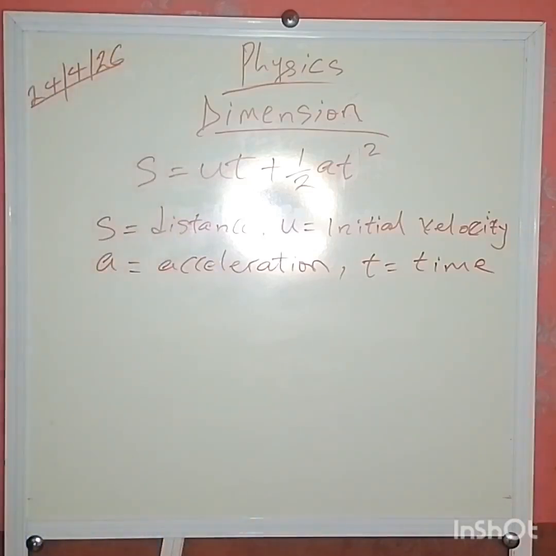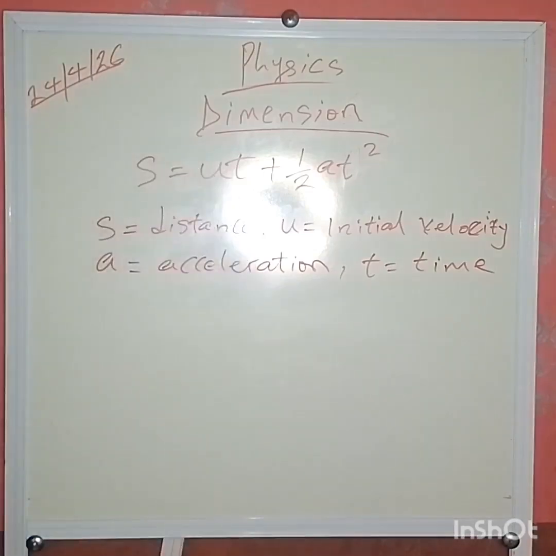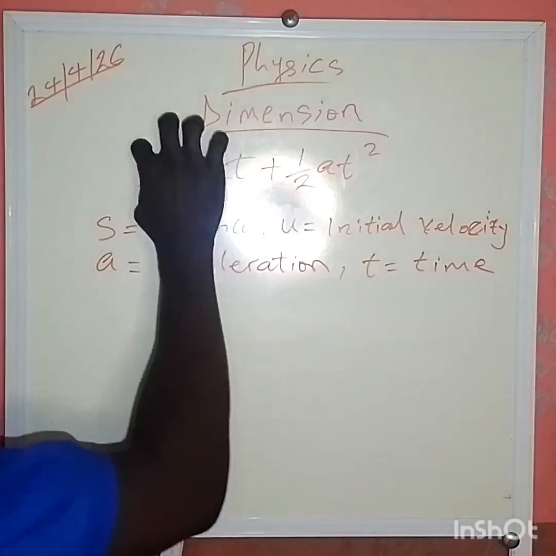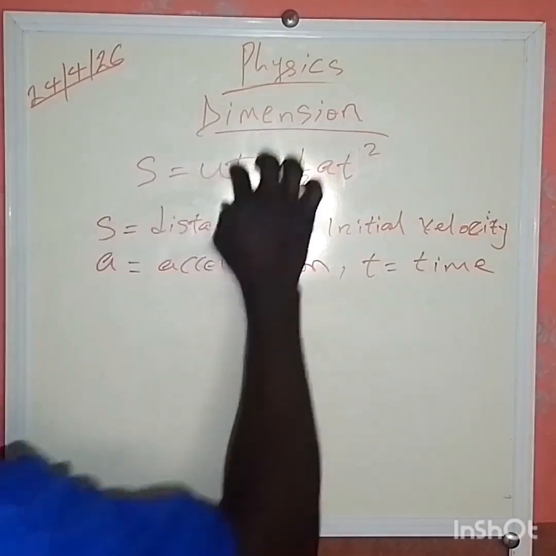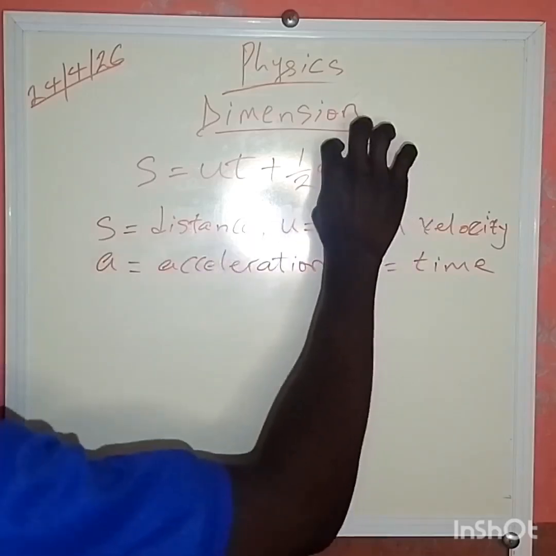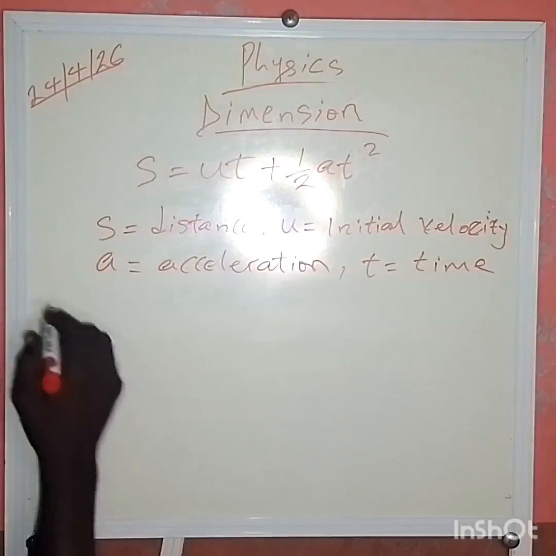Now, to check whether this physical equation is correct or not, if it is correct, then the dimension of each term will be the same. The dimension of S will be the same as the dimension of UT and will be the same as the dimension of AT squared. So how do we go about that?